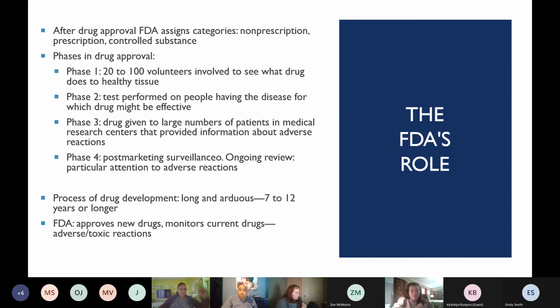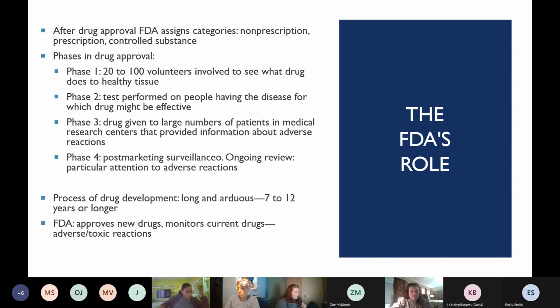COVID gives us a lot of real life examples that we wouldn't have normally had. It normally takes 7 to 12 years for a drug to be developed and approved by the FDA. That's a pretty solid time, huh? 7 to 12 years. That's your entire length of schooling for a drug to be approved.